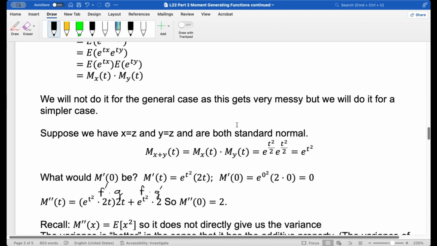And so then plugging in 0, the first term drops out to 0. Second term is e to the 0 times 2, which is 2. So m double prime of 0 is 2.